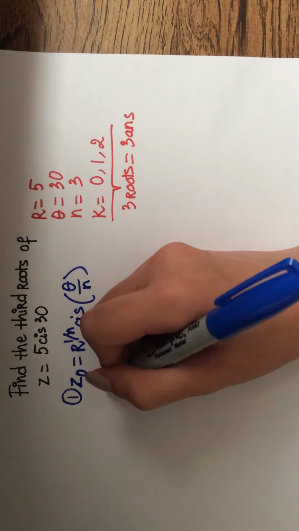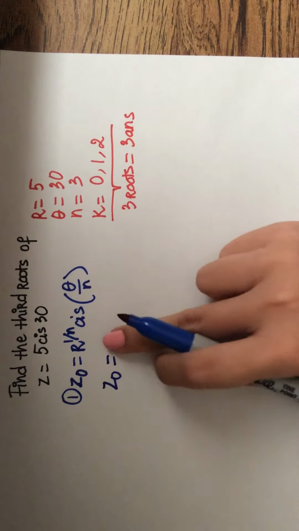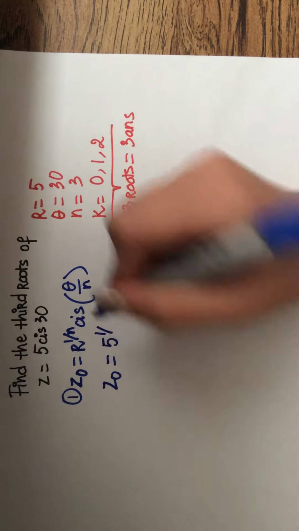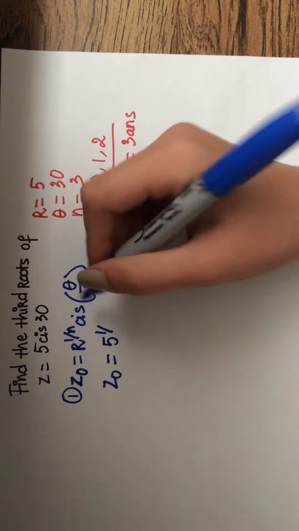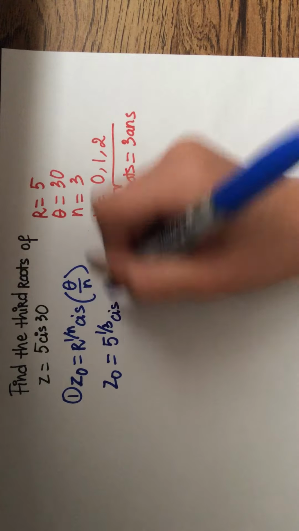Okay, so let's plug your data in. Your z0 is going to be equal to, your r is 5, so 5 to the 1 over n, your n is 3 right here, so 1 over 3, cis.